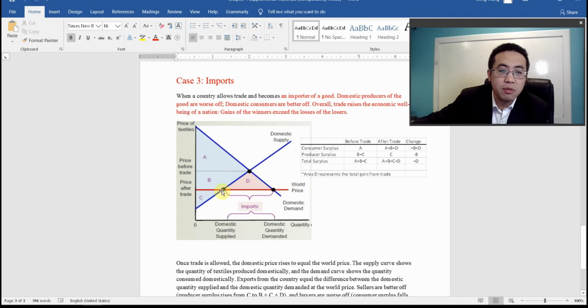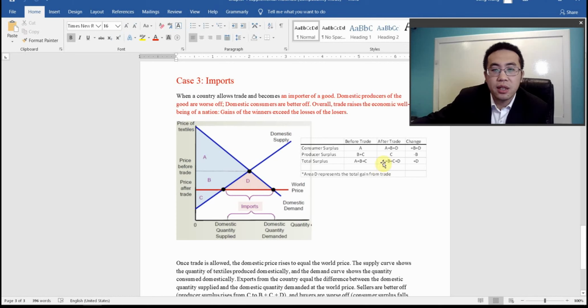And the distance between these two curves right here is the amount of import. As you can see, when the world price is lower, the domestic consumers consume more than the domestic producers supply. So how to get those actual products for the domestic consumers, it actually comes from other countries through imports.